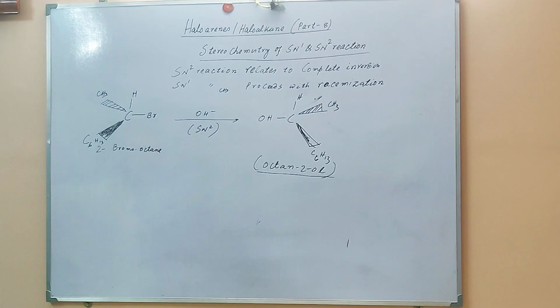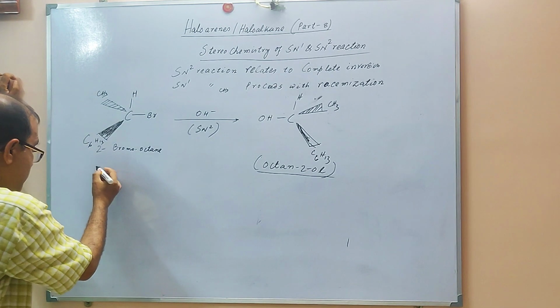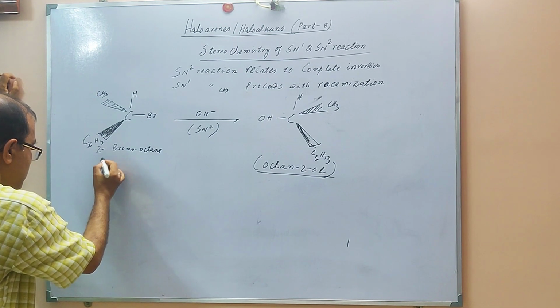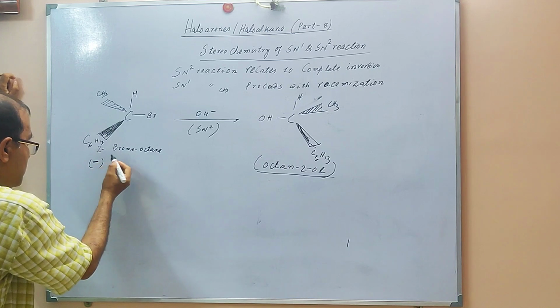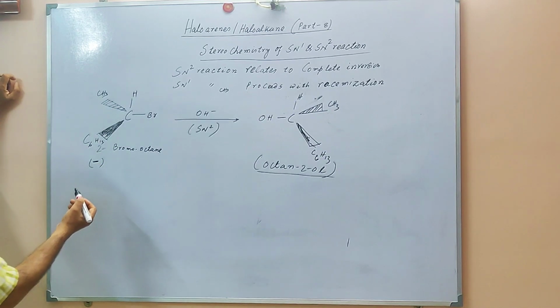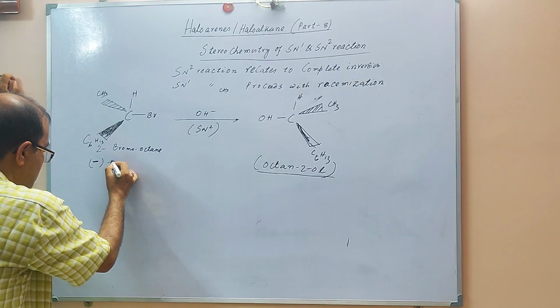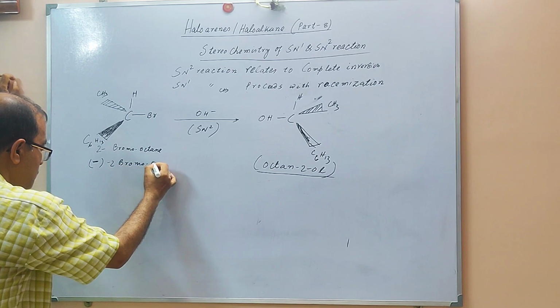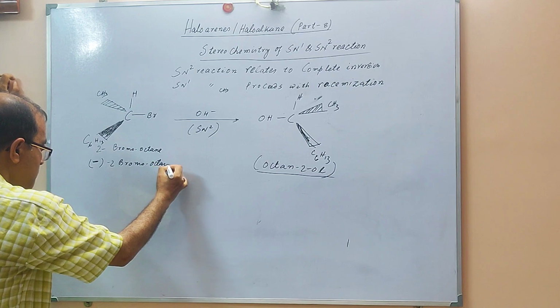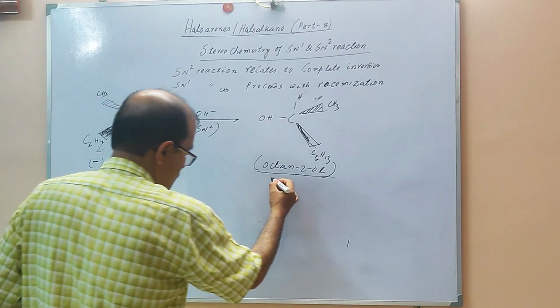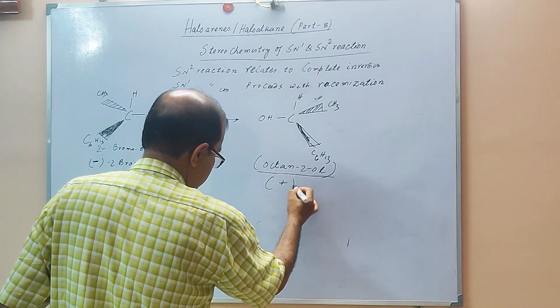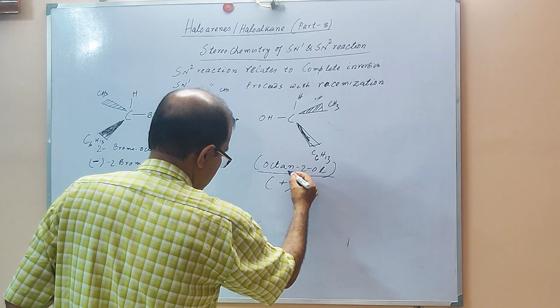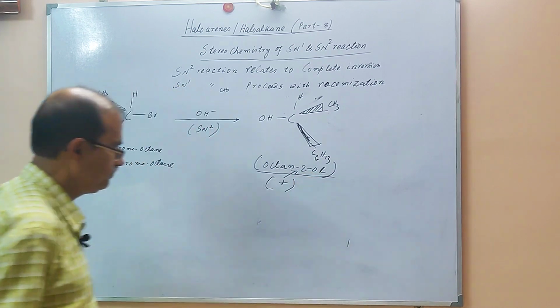But this 2-bromooctane, as per the optical activity, is minus, and it is going to produce the plus octane-2-ol.